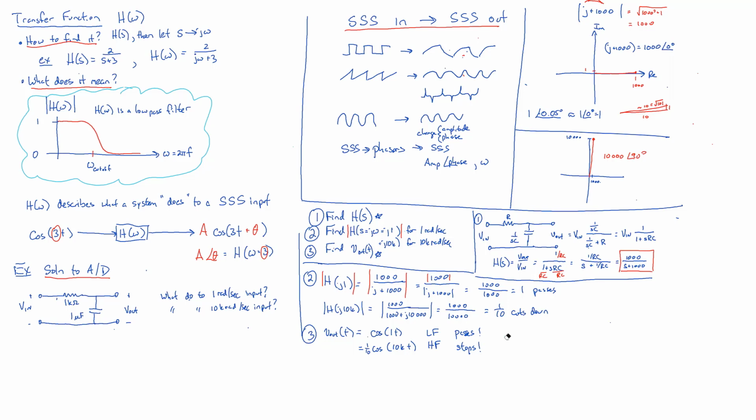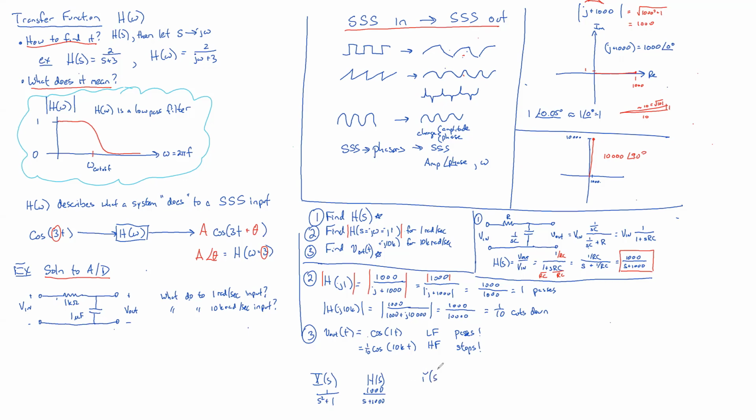And of course, you could have analyzed this filter using phasor analysis entirely, which commingles the whole effect of the input and the system. You could have analyzed it using Laplace analysis, right? You would have found your X of s, which would be something like 1 over s squared plus 1 for your first example. And then your H of s, which you found out is 1,000 over s plus 1,000.